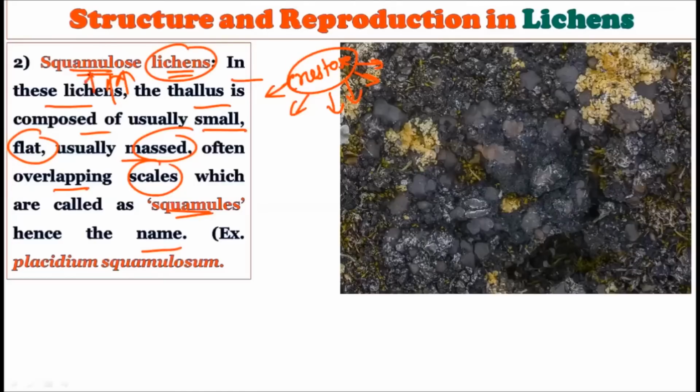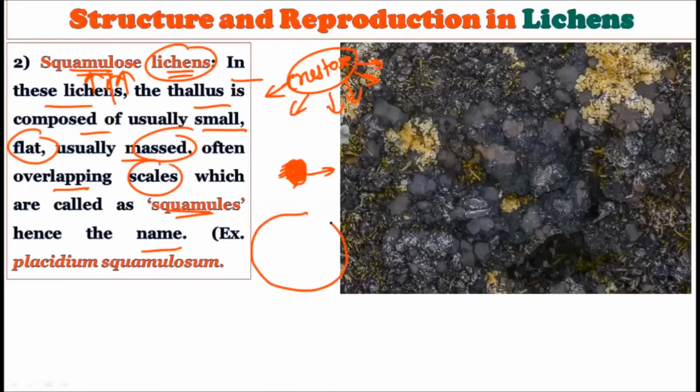The thallus looks very small, flat, and intertwined, with overlapping scales one upon another like this.